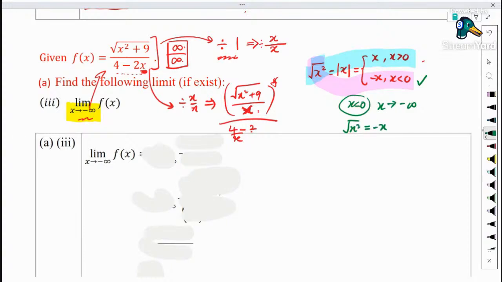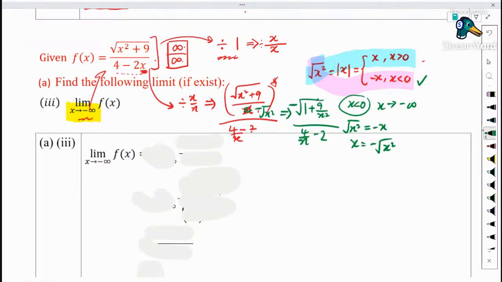Therefore, x is equal to negative square root of x squared. Therefore, this part here, I would like to replace with negative square root of x squared. And therefore, the division here can simplify. The top part becomes square root of 1 plus 9 over x squared. The term just now is still maintained. And watch out, there's a negative sign here.